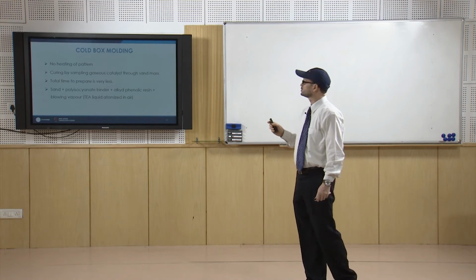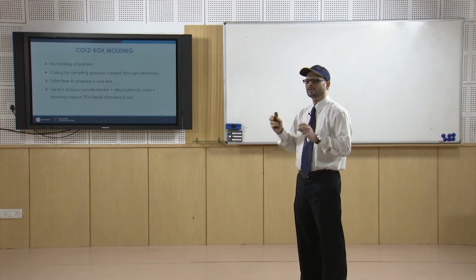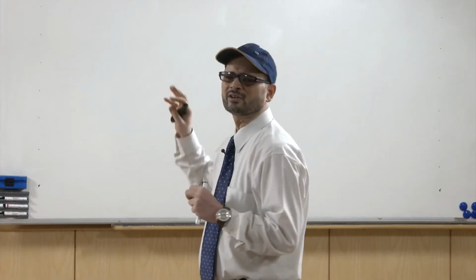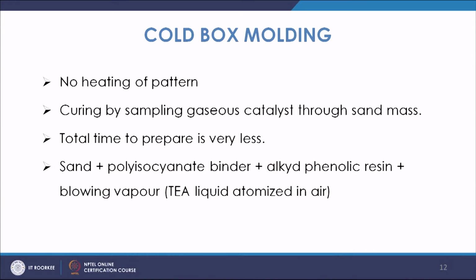In the cold box molding, in the hot box molding you are heating the sand mass, here you are not heating the sand mass nor the pattern. Curing is by simply passing the gaseous catalyst through the sand mass. So, total time to prepare is very less, and it is sand plus the binder plus alkyd phenolic resin, and then in that basically the vapor is blown.